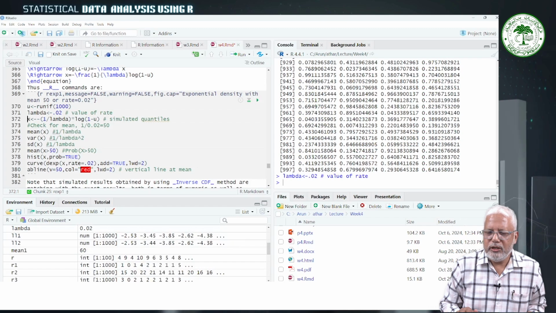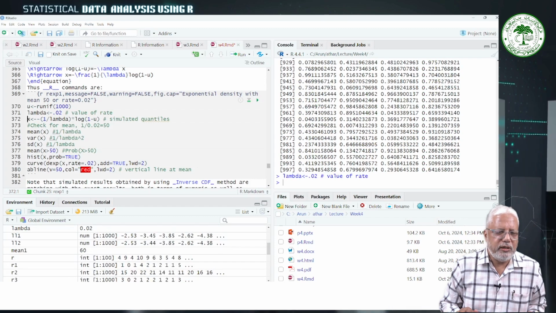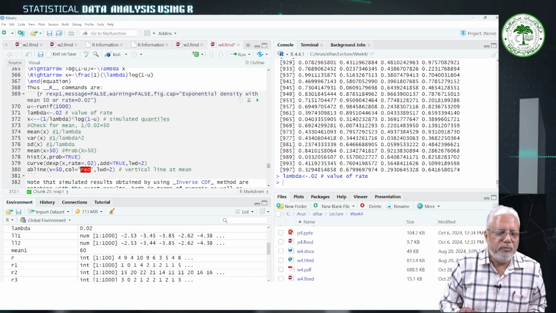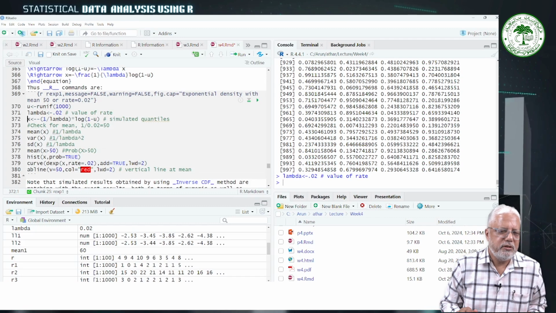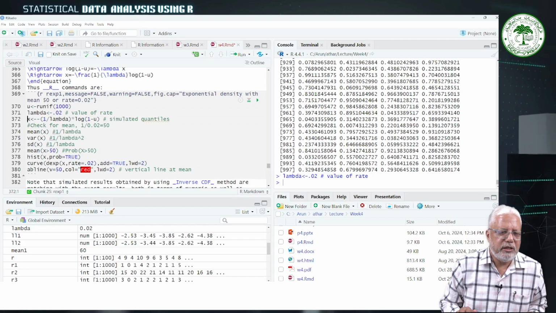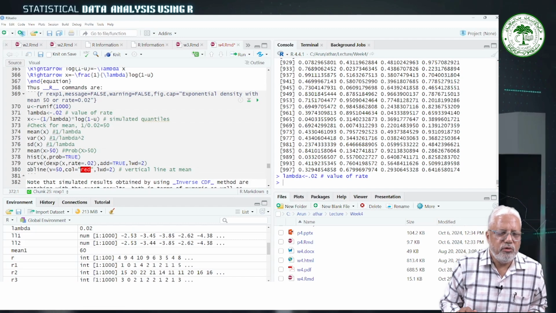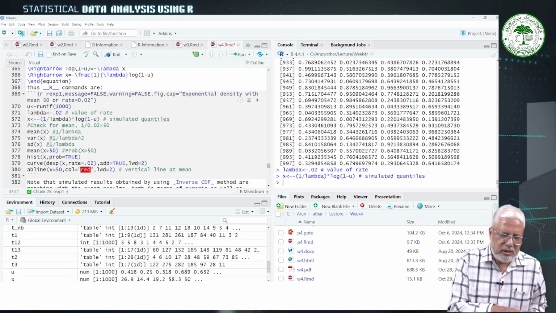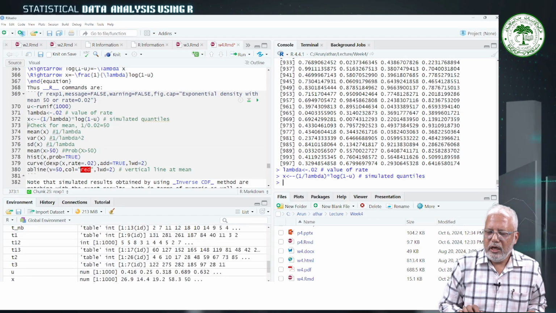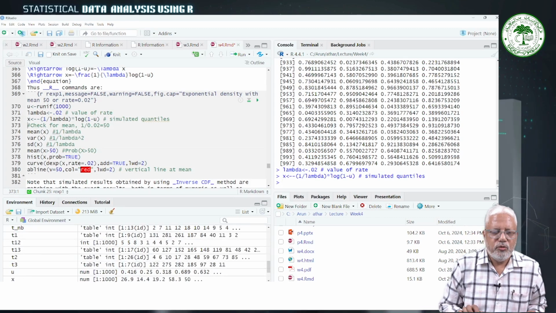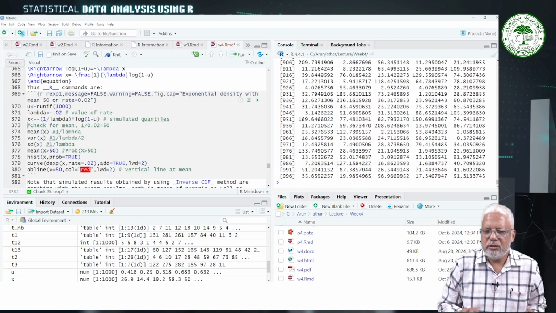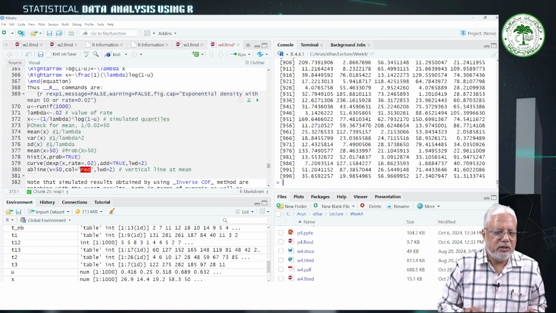So lambda is 0.02. That means mean is equal to 1 by 0.02, and that is nothing but 50. Then x is equal to minus 1 by lambda into log of this. So these are the simulated results from exponential distribution with rate equal to 0.02, and we can have a histogram and other things.